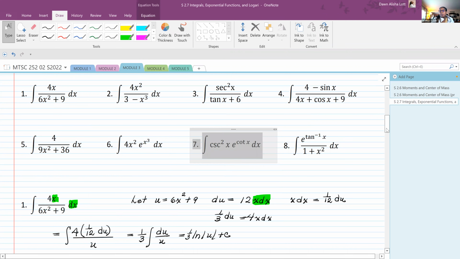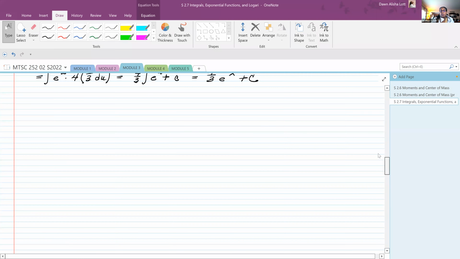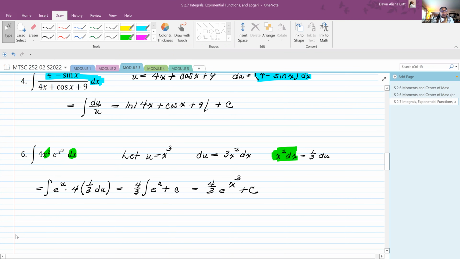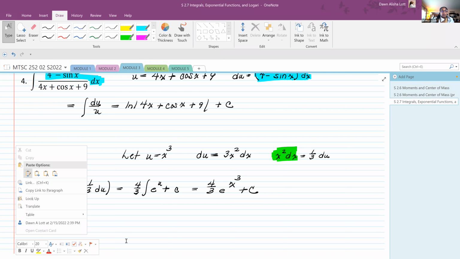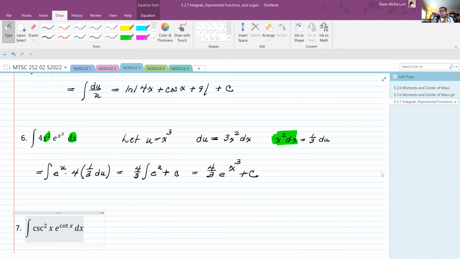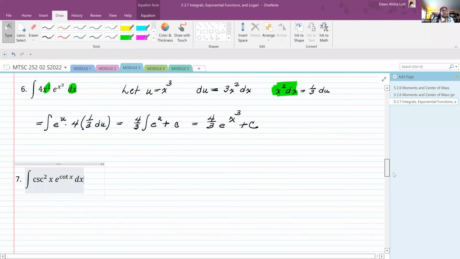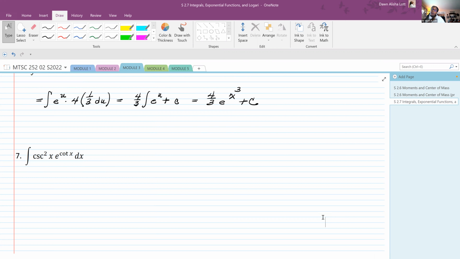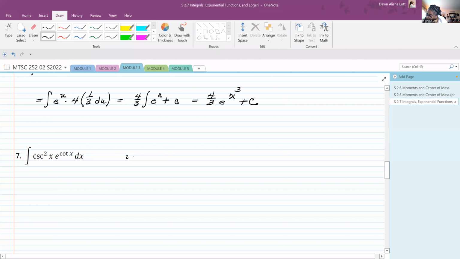All right, what do I do? What's u? Cotangent x. Okay, so whenever I have an exponent, like e to something, I really want to try to make that u to make my problem simpler.